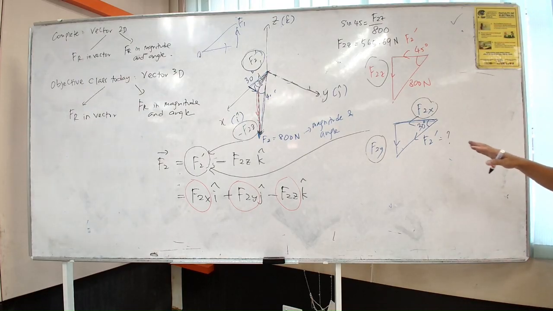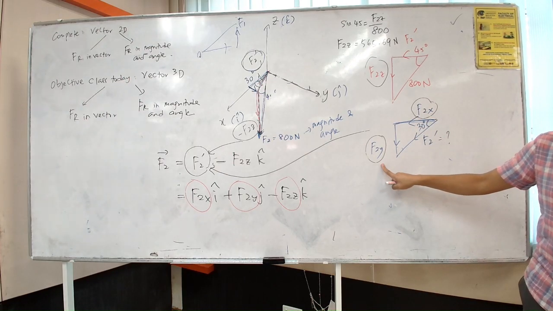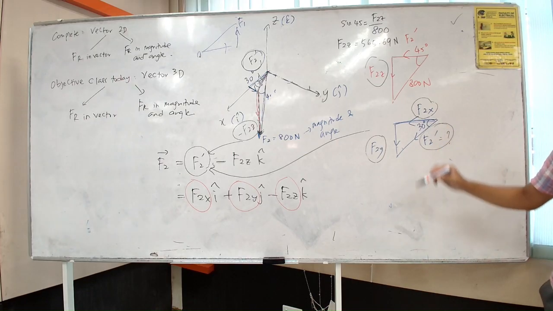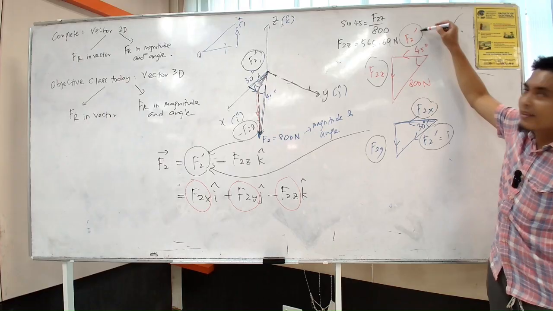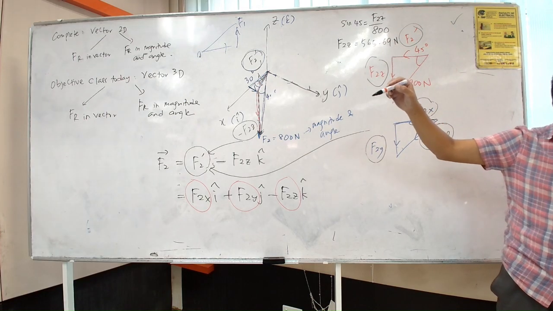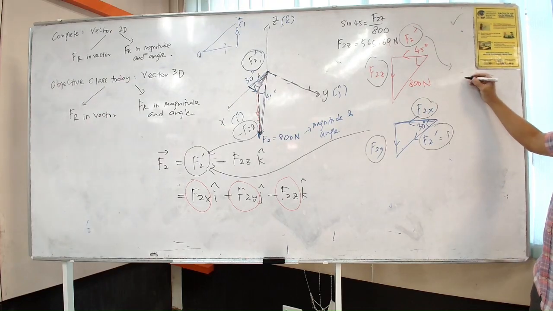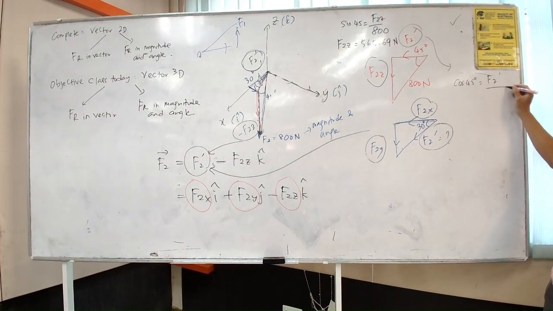So now, we want to calculate F2x and F2y. What is the information that we need? F2 prime. Right? So where do you think we can get F2 prime value? This one. Is it? So what is the formula to get F2 prime? Cos 45 equal to F2 prime divided by 800.